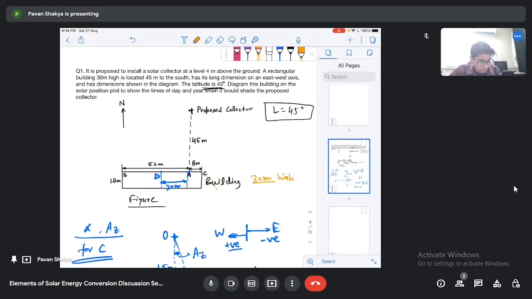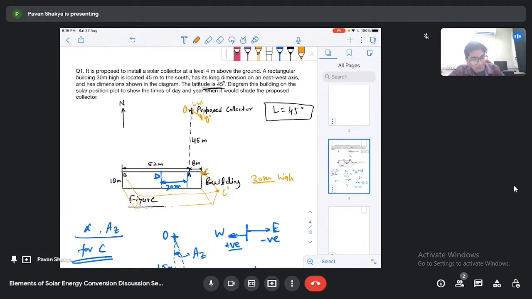Suppose this is the building height, and this point is C. Also, it is given in the problem that the collector is at a level of 4 meters, so this height is given as 4 meters. This one I have taken as O. Now suppose this is our ground plane, and I am taking the point with a dash on the ground plane, so this one is C dash.